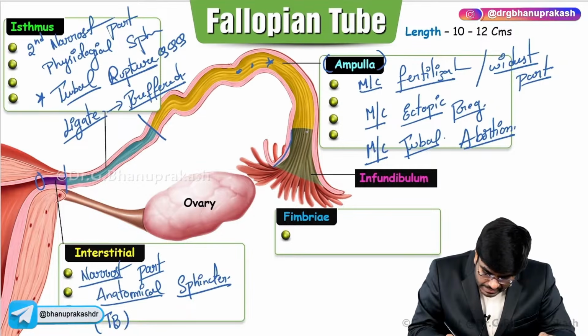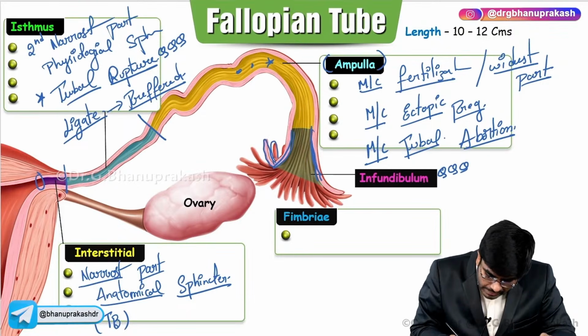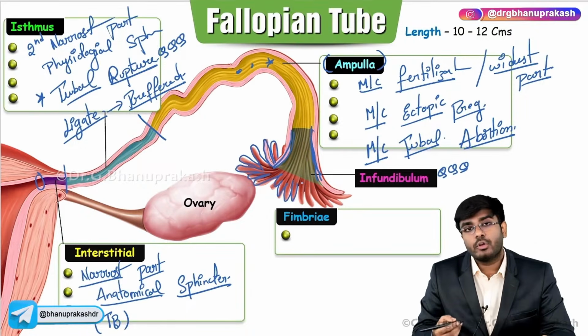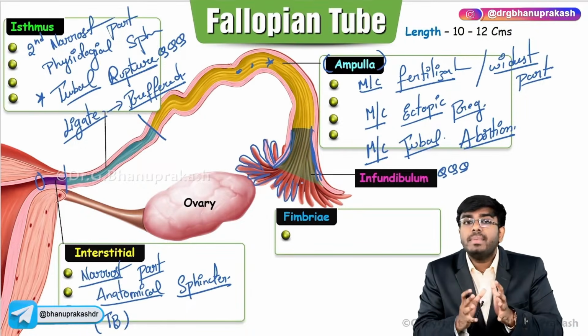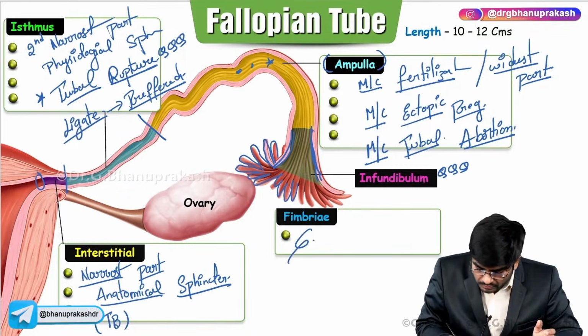Now this area which is light green in color, this funnel shaped area, is known as the infundibulum, and after that you will have these finger-like projections. These are nothing but the fimbriae, or the fimbrial end of the fallopian tube. What is the important point about the fimbriae? This fimbrial end of the fallopian tube can get blocked by gonococcal infection.